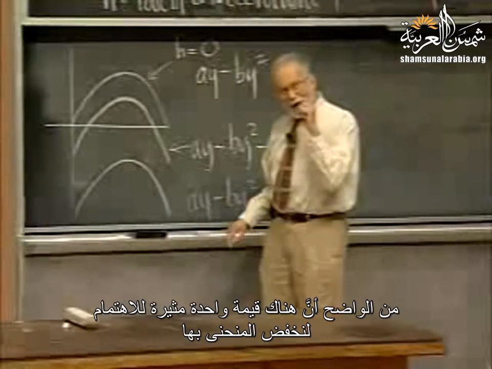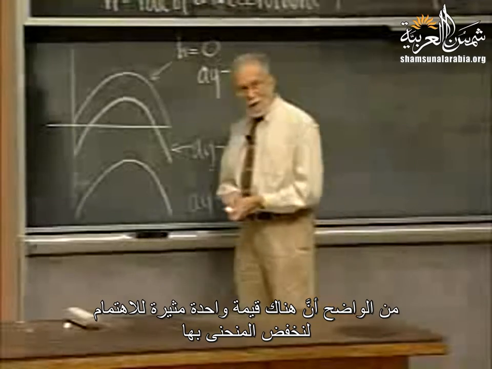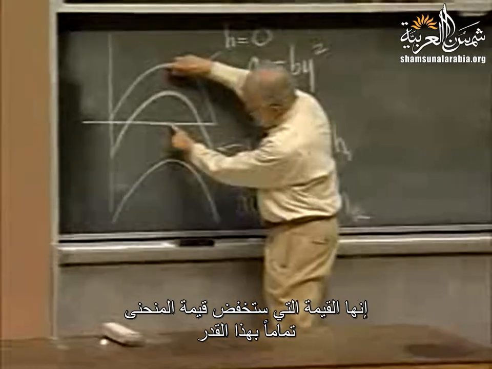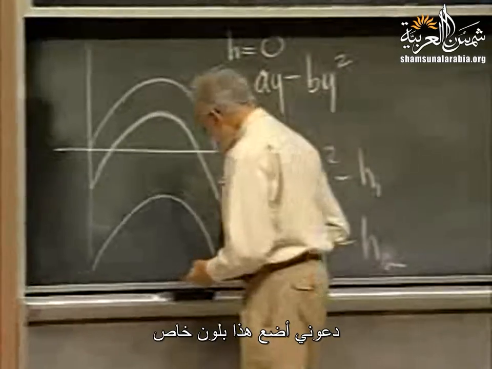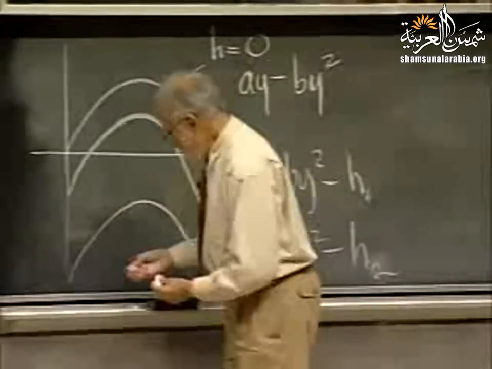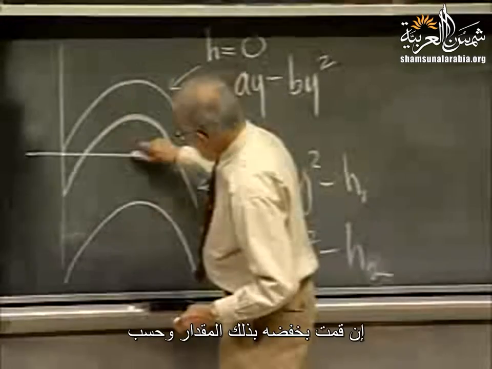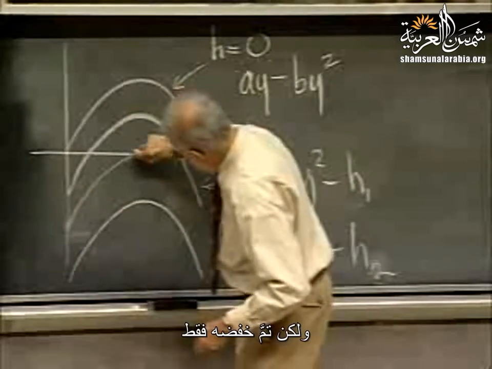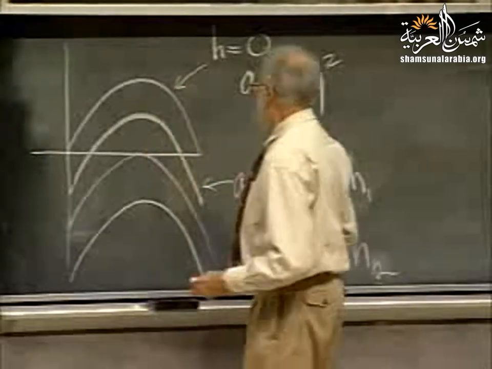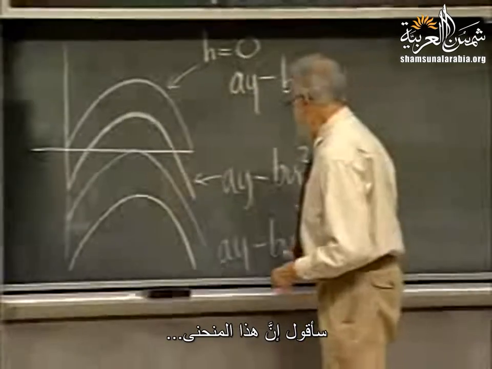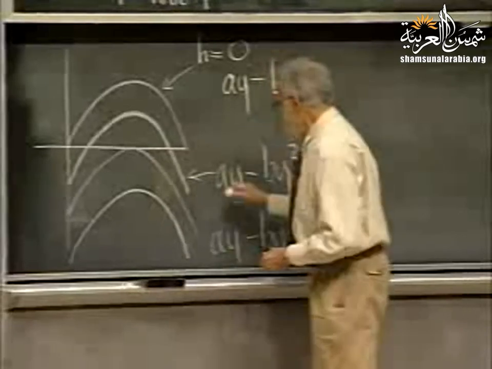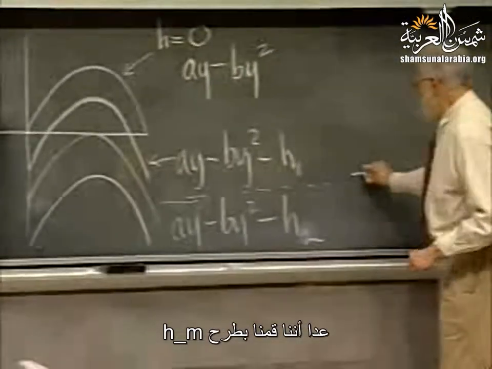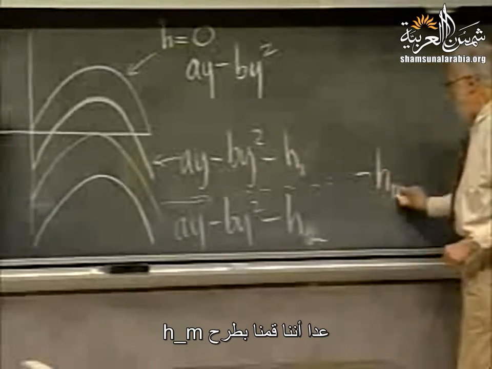Now, obviously, there's one interesting value to lower it by. It's the value which would lower it exactly by this amount. If I lower it by just that amount, the curve always looks the same. It's just been lowered. This one is the same thing, except that I've subtracted h sub m.